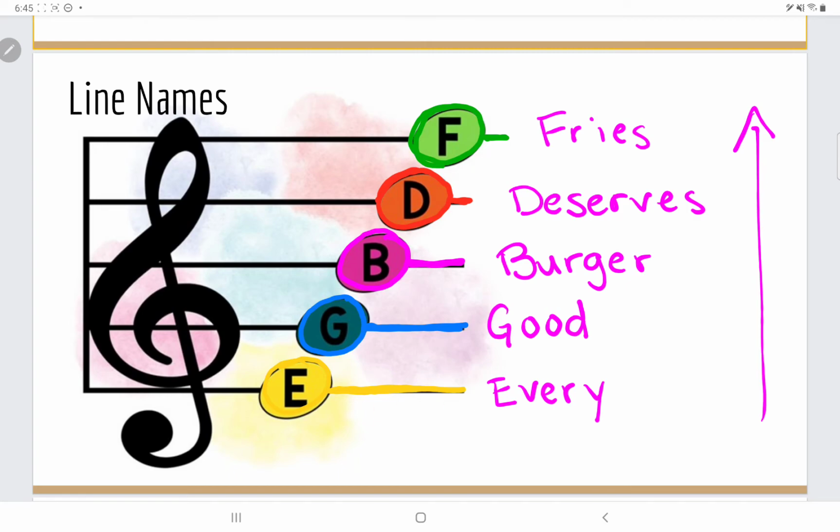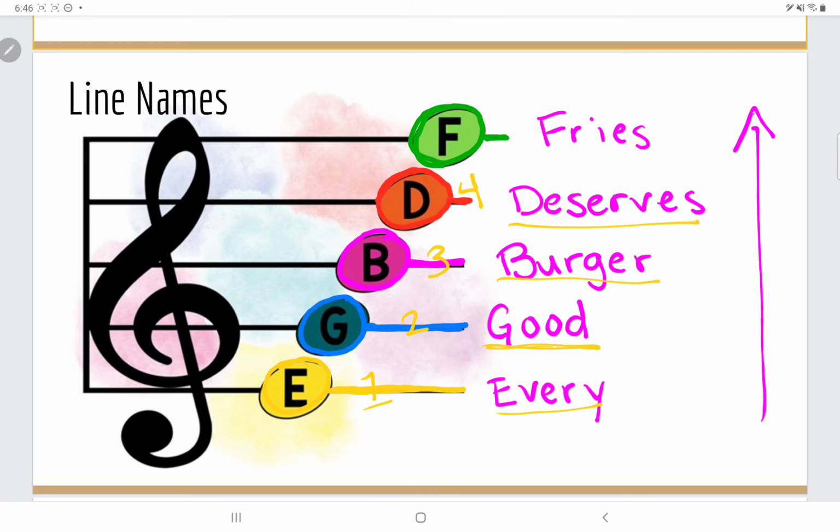So we had our first line that was E. Remember, that's line number 1. Remember, our first line is always going to be E. We can remember that with our sentence by saying every. Our next line is always going to be G. We can remember that with the word good. Our next line is always going to be B. We can remember that with burger. Our next line is always D, so that's that 4th line.